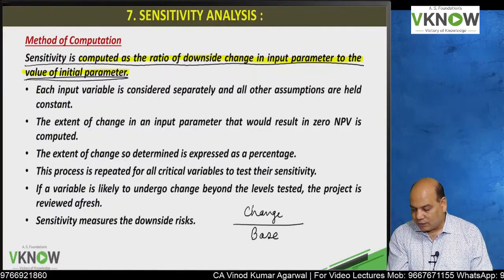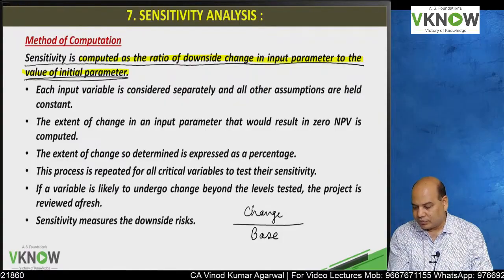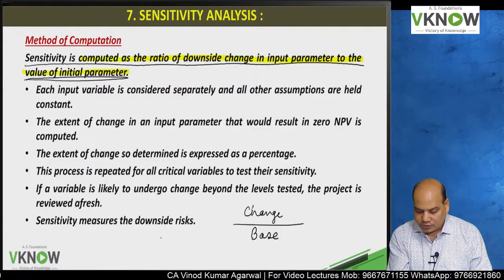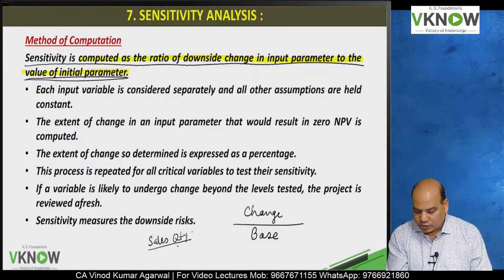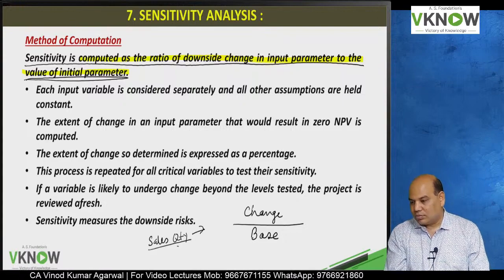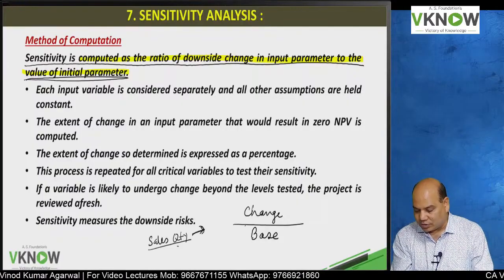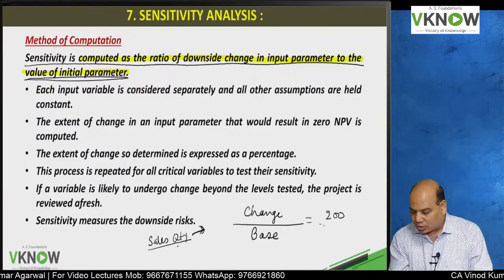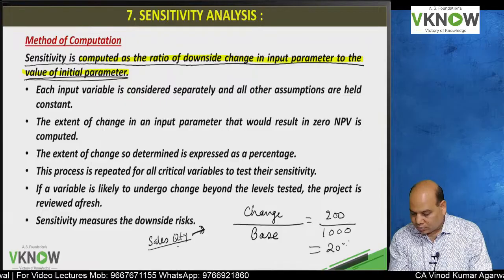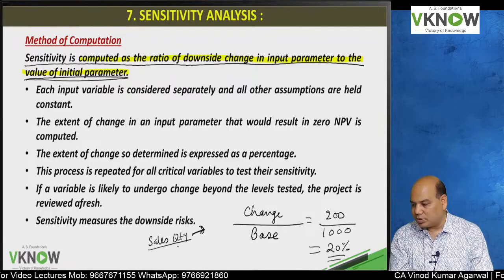Change means if the value changes, for example, let us say sales quantity. If sales quantity changes, what is the percentage change? So change in sales quantity is suppose 200 and original quantity estimated is 1000. So this will be 20%.